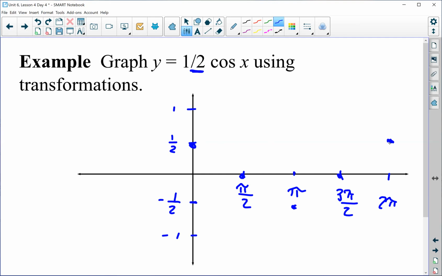So it's just taking those values and basically cutting them in half. That's what our graph would look like. Same shape, just compressed a little bit, pushed in together a little bit.